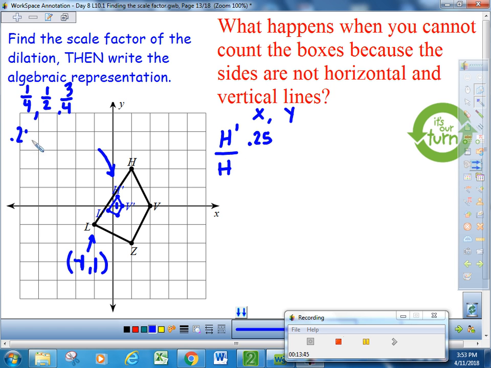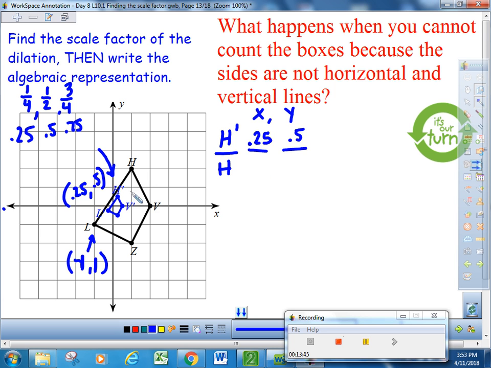So 0.25, 0.5, or 0.75. And then how much did I go up? I went up 1/2. So that's 0.5. So this is my ordered pair. 0.25, 0.5. I'm splitting it up into 2 fractions, the x fraction and the y fraction.